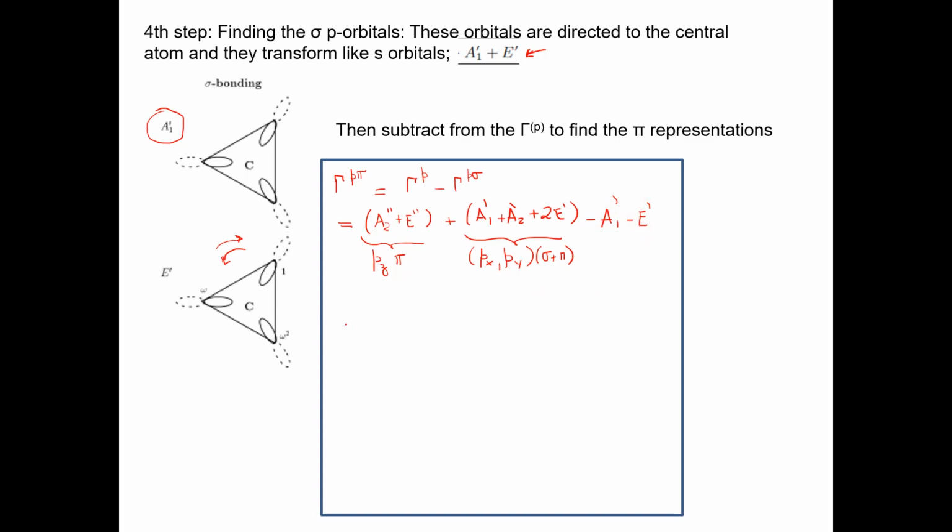And the result is A2 double prime plus E double prime. This is Pz pi, plus A2 prime plus E prime. And this should then be Px Py sigma.